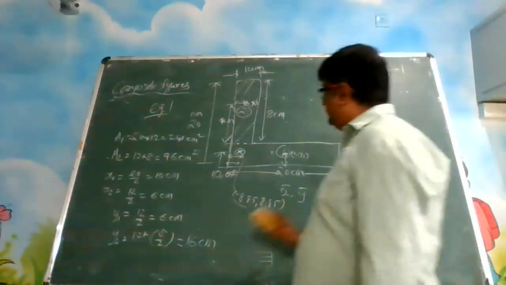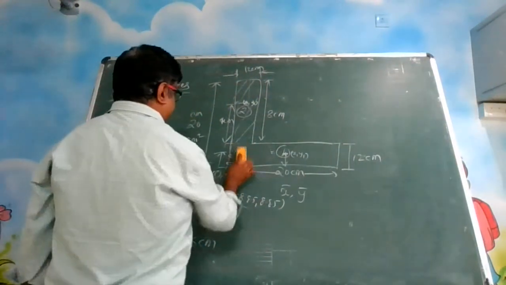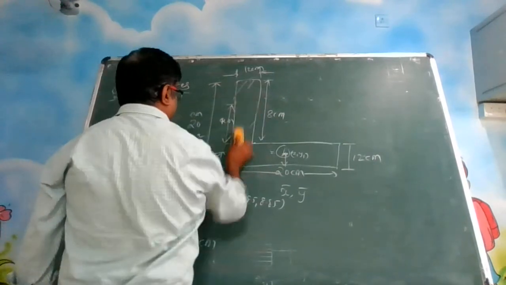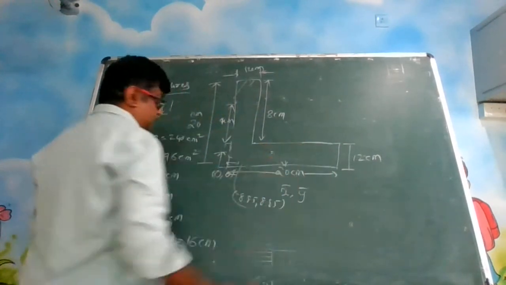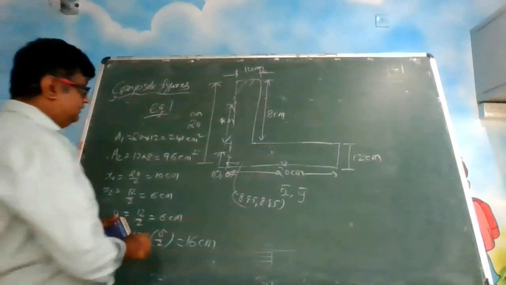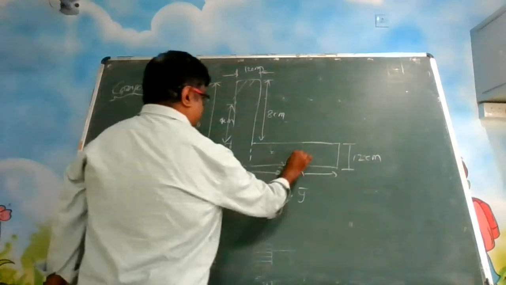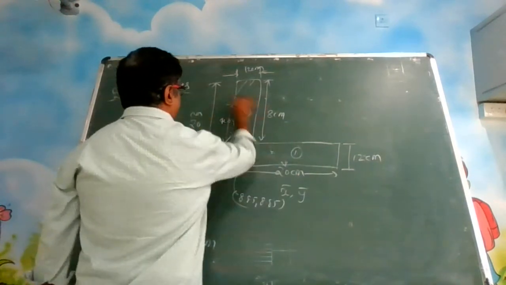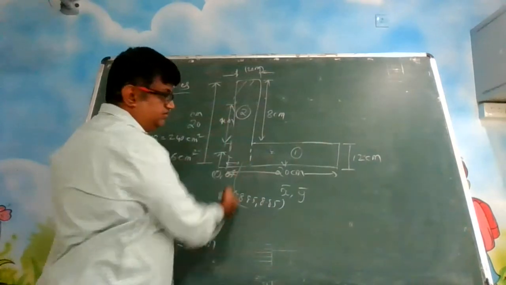Let us say in the same question, I take this as the area. Okay, this is area 1 and this is area 2. It is no hard and fast rule that you can take like this and someone will take like this also.